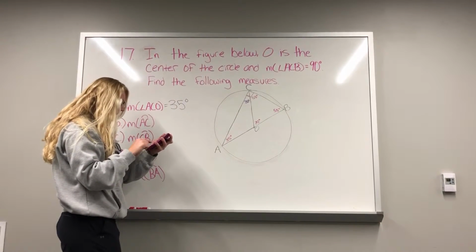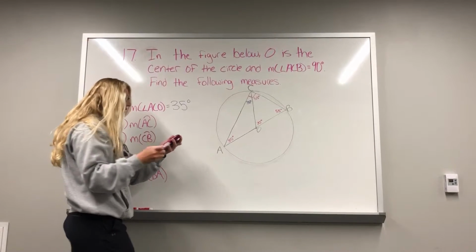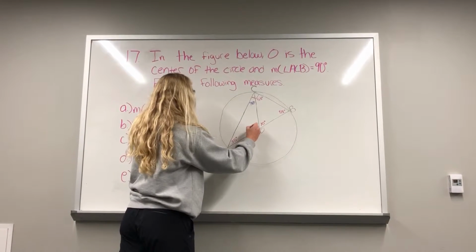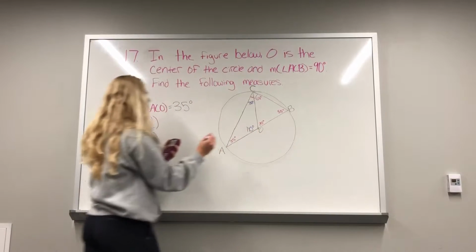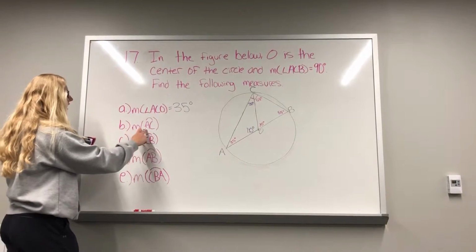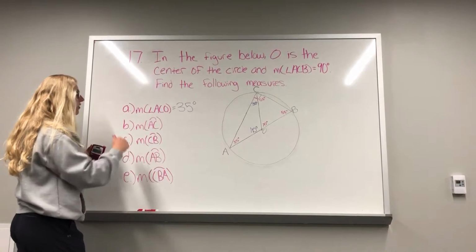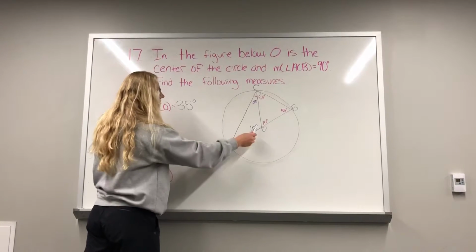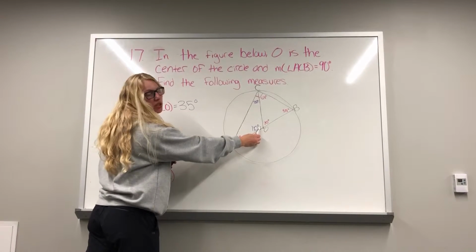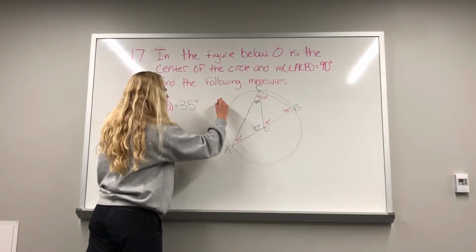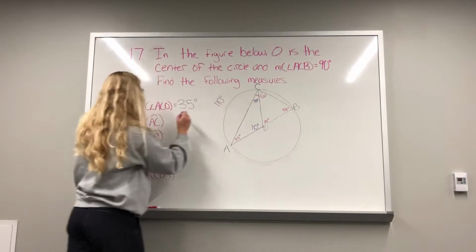So 180 minus 70 equals 110 degrees. Therefore, the measure of the arc AC equals the angle measure right here, so this equals 110 degrees.